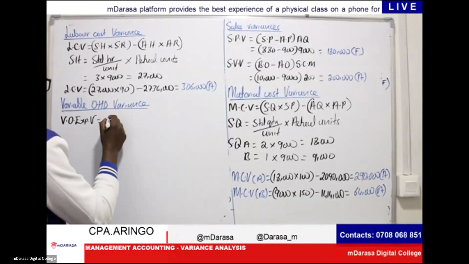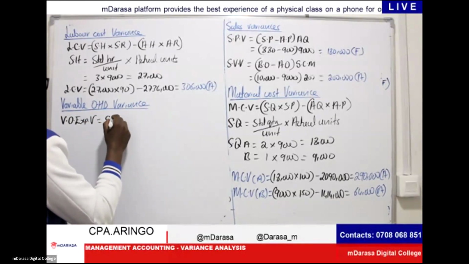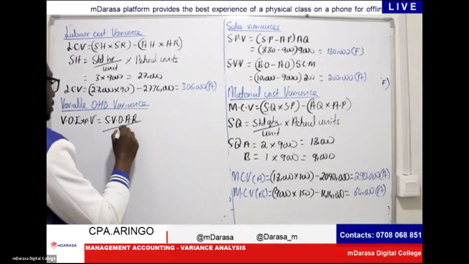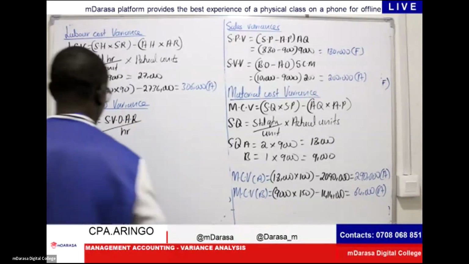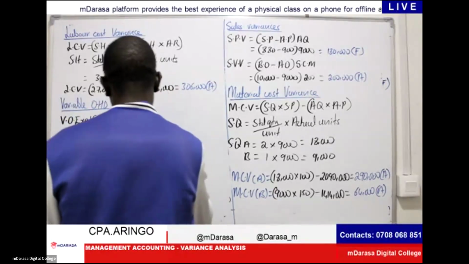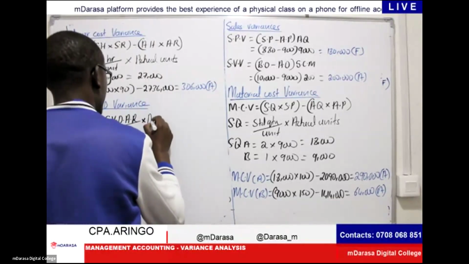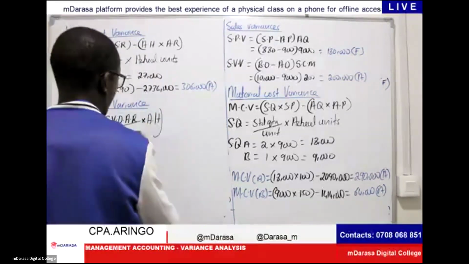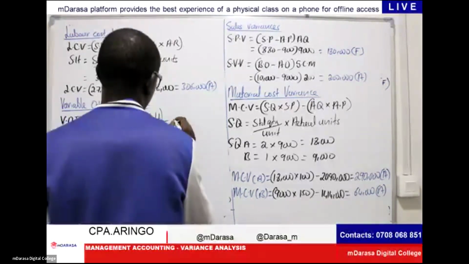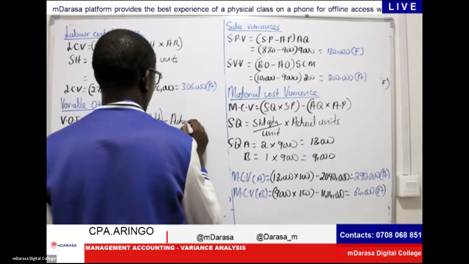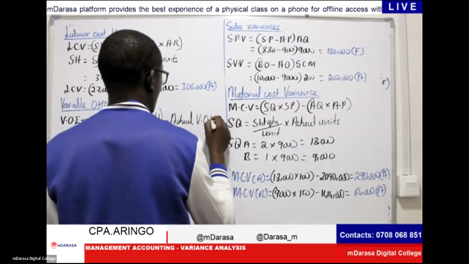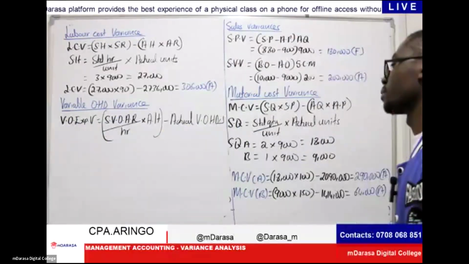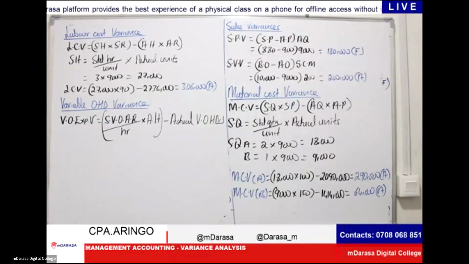We should have our standard variable overhead absorption rate per hour times our actual hours. That will give us our standard, less our actual variable OHDs. This is what we said.